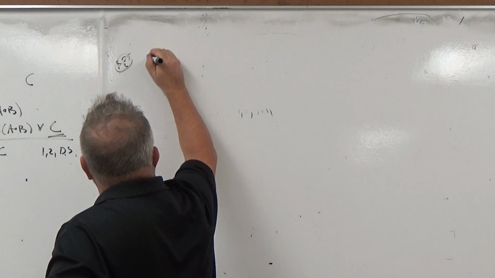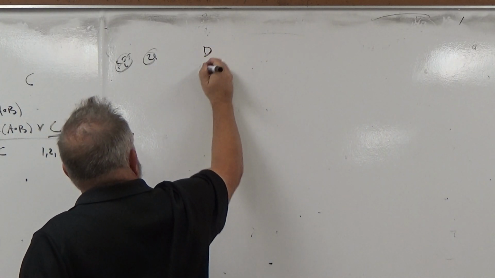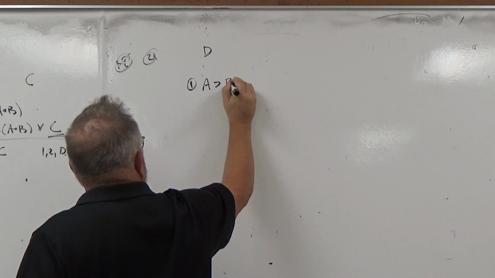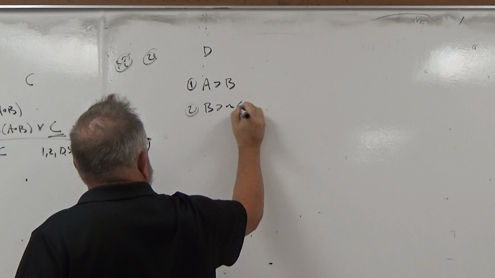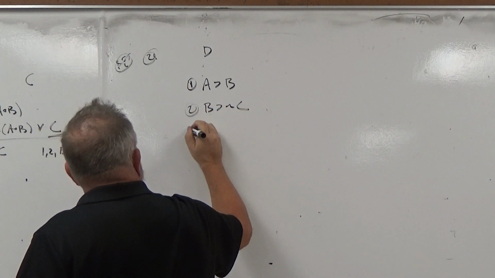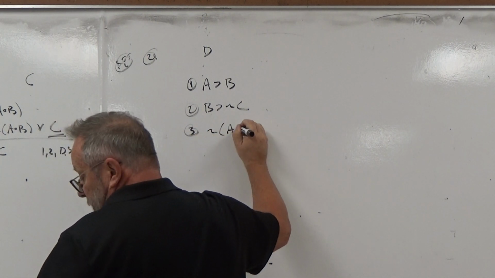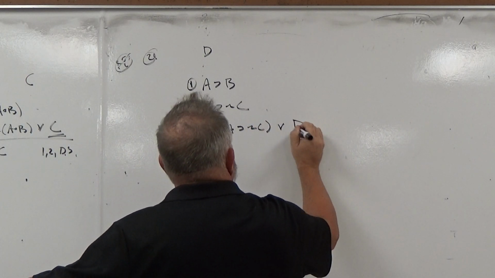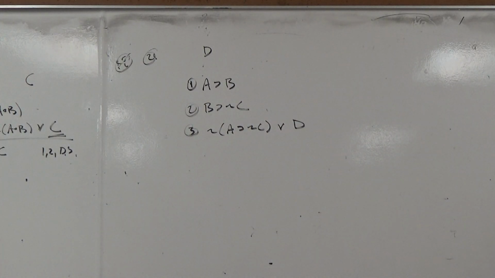Okay, 21. We have to prove D, and we have A then B, and we have B then not C, and we have not A then not C or D. Okay. All right. So we look for what we need.